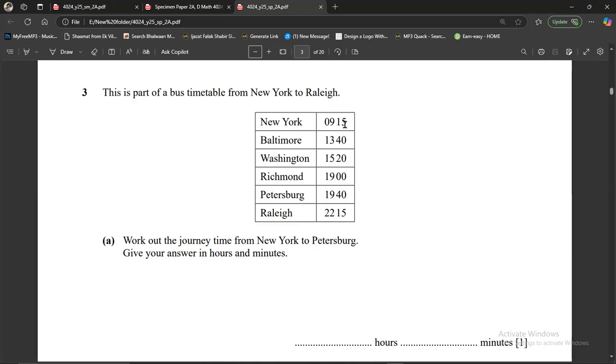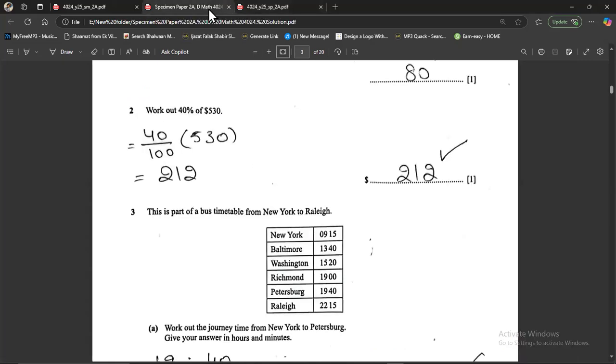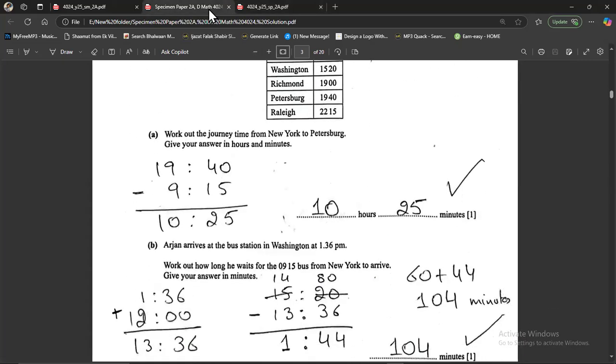From New York, the bus will start at 9:15, and in Petersburg, it will be at 19:40. So subtract the departure time from the arrival time. The arrival time here is 19:40, and the departure time is 9:15. Simply subtract them. From 40 minutes, if you subtract 15 minutes, you get 25 minutes.